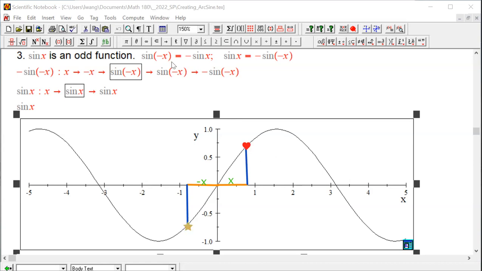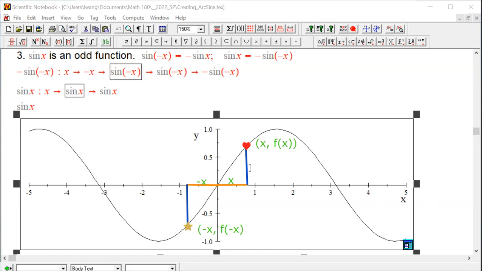Let's put the notation in place. For this point, the input is x, the output is f of x. And the star, this point, has negative x as input, and its output is f of negative x.